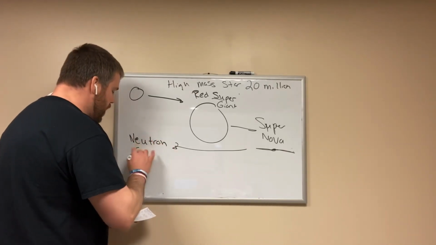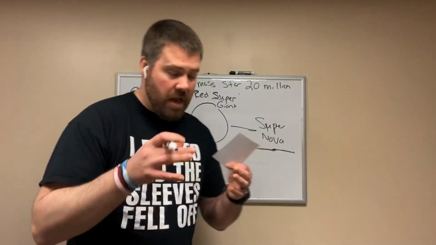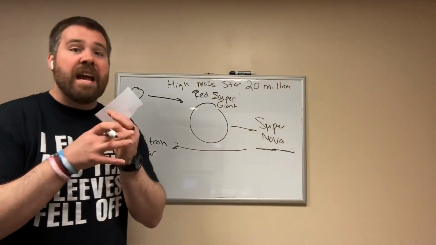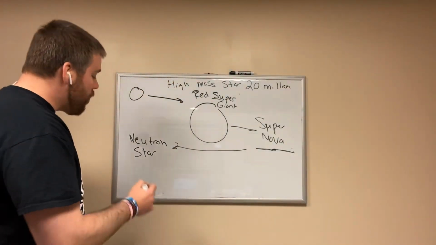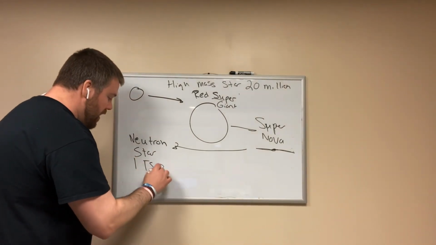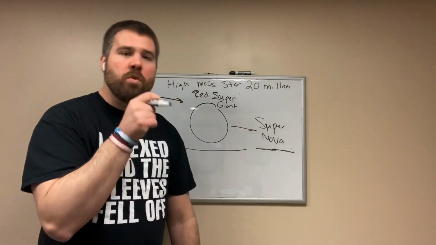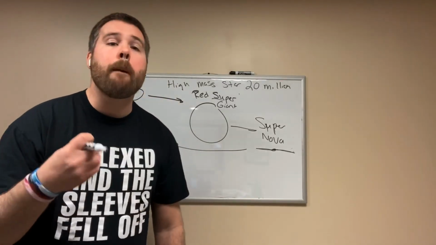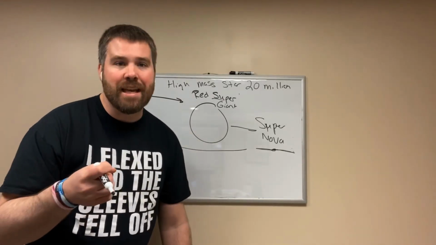Neutron star. And this neutron star is very dense. We hear that word again. It's so dense. Think about this. If you all love cooking, think about a spoonful. Just one tablespoon of a neutron star is 1 billion tons.